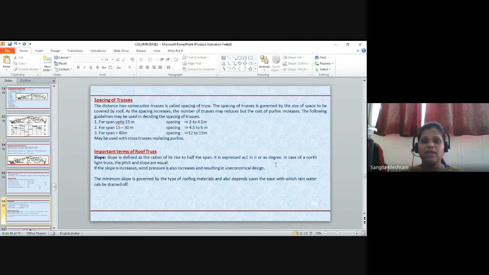Then if the span of truss is greater than 40, we are using 12 to 15 meters spacing. Then slope, it is defined as the ratio of rise to half the span.